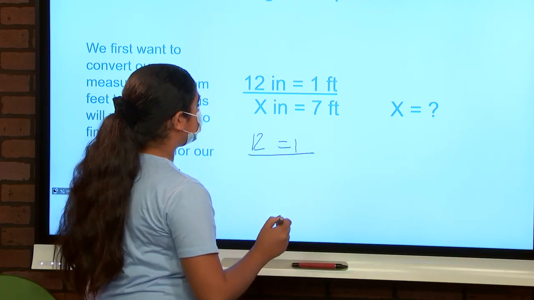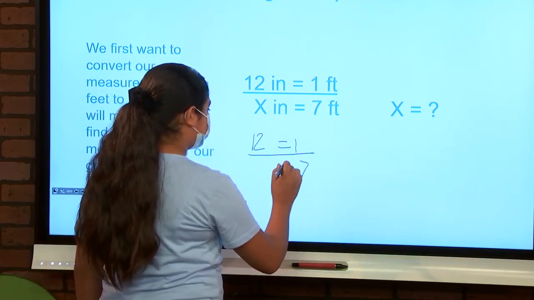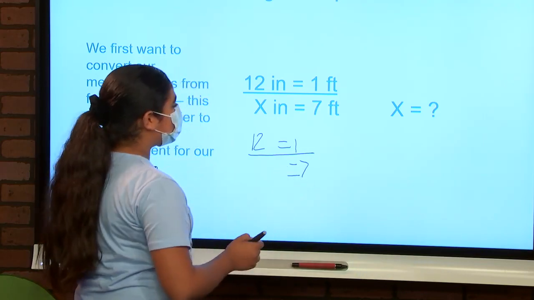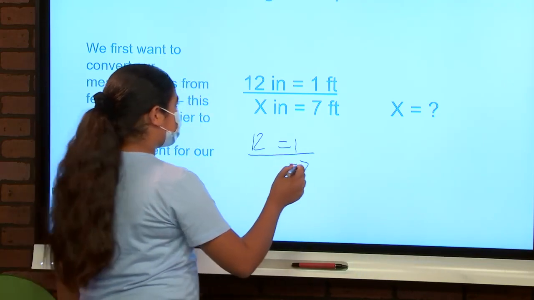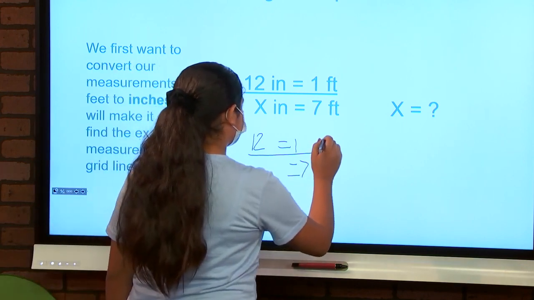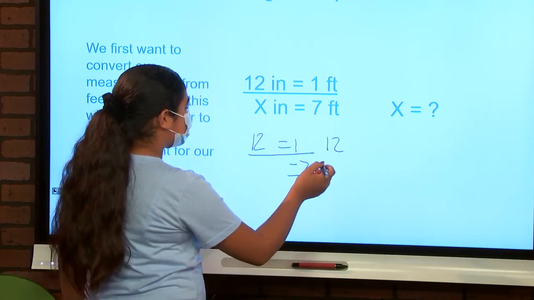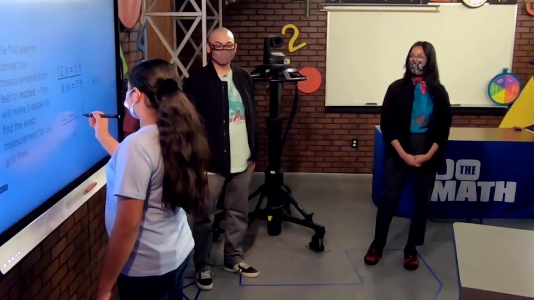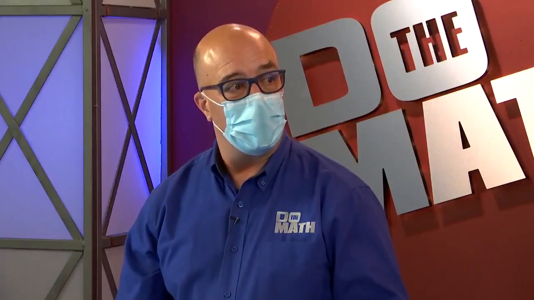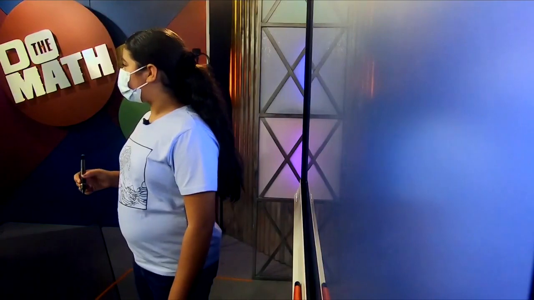So if we have 7 feet, 12 equals 1 foot. So we would need, have you done cross multiplication yet? Yes. Okay, so maybe you can do that, or you can do another way, whatever you'd like.